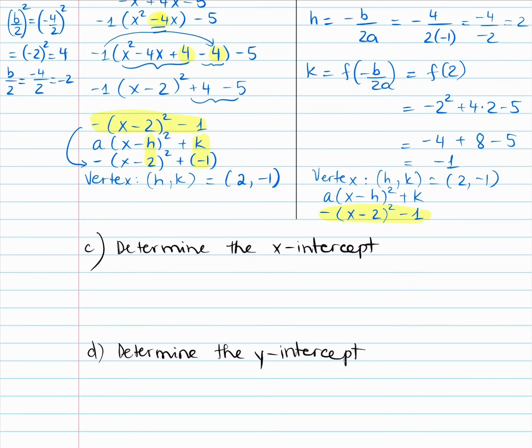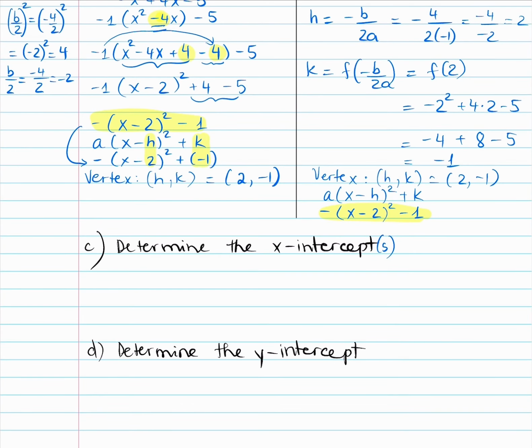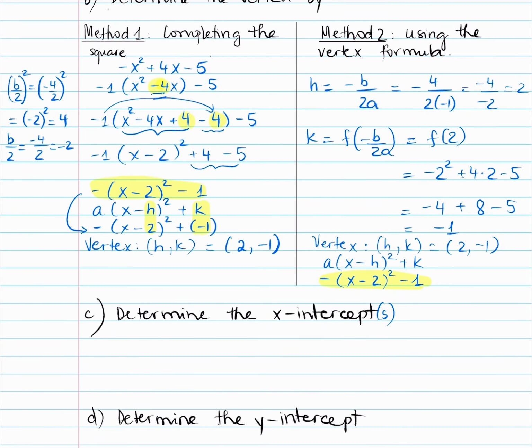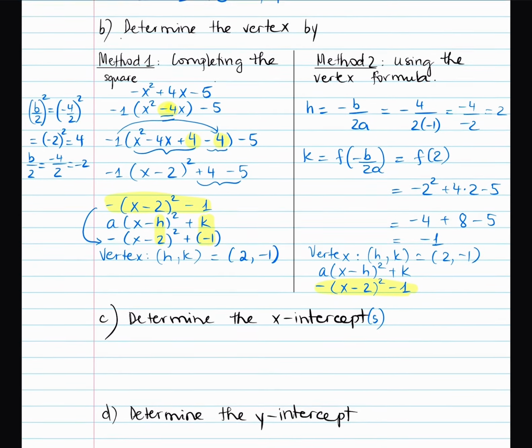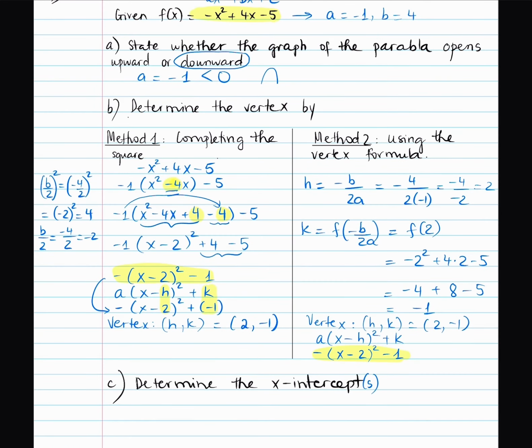Next, determine the x-intercepts. To find the x-intercepts, we need to let the function be 0. So we have two options. We can use the original form, the standard form of the function, and set it equal to 0. You could try to factor this function.